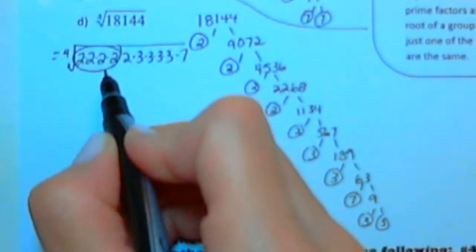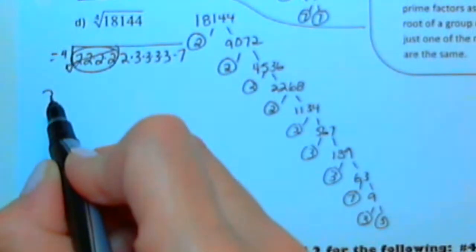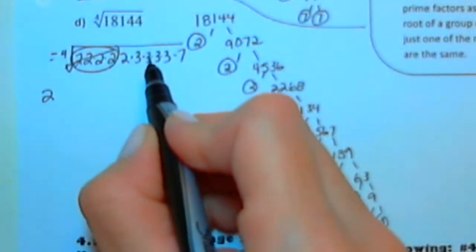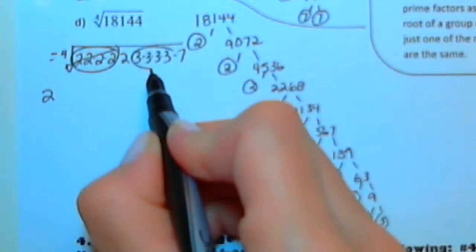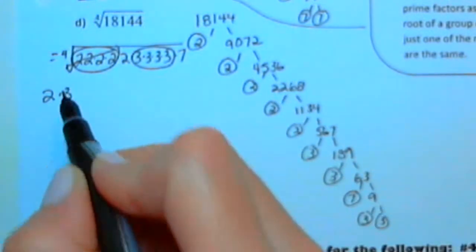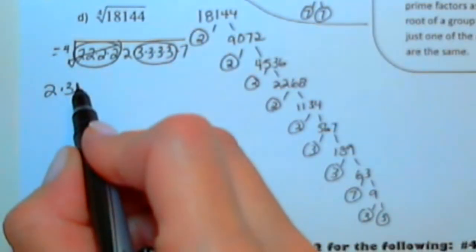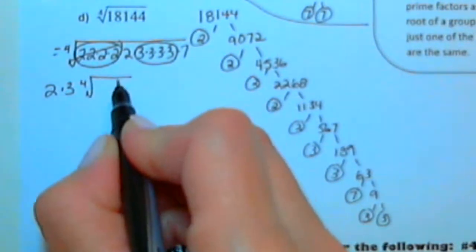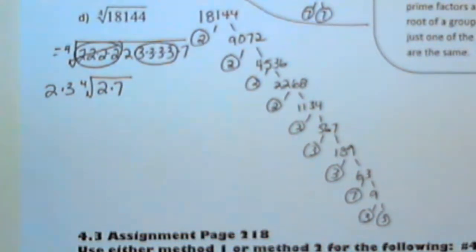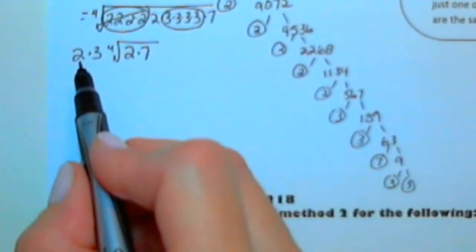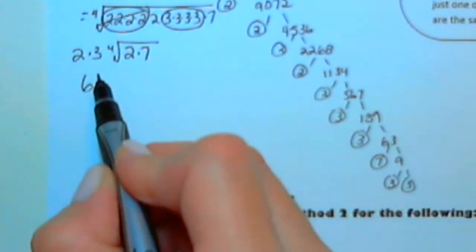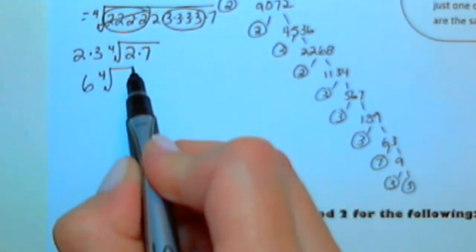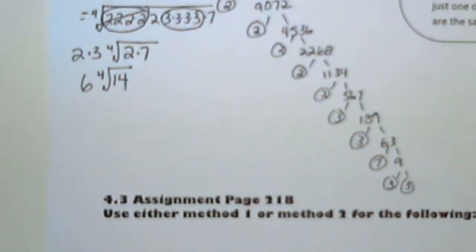These guys are gone. They come out as a 2. 1, 2, 3, 4. These guys are gone. They come out as a 3. What am I left inside? Inside I have the 4th root of 2 times 7. Now what do we have? 2 times 3 is 6, with a 4th root of 14.